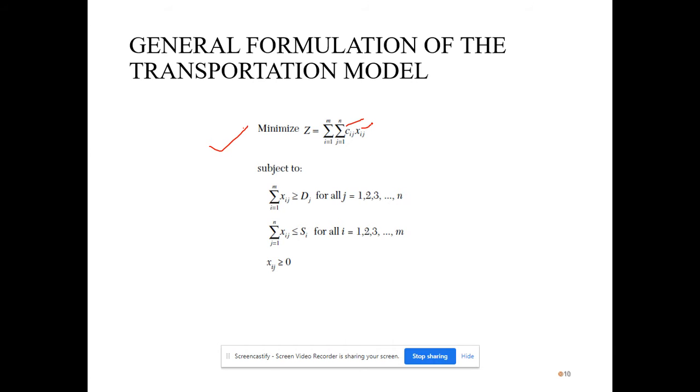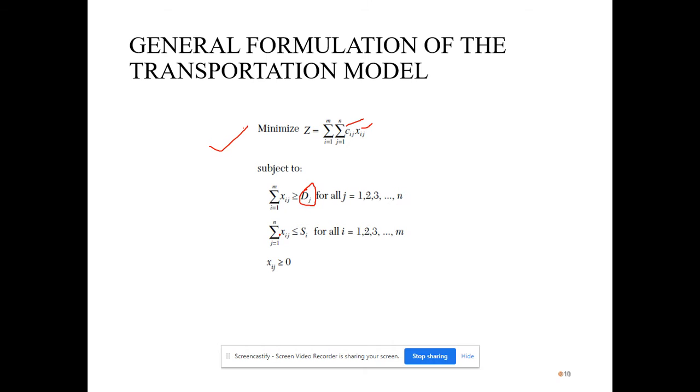Subject to, yes, we have the demand. Xij is the volume from an individual place. So the summation of xij from i to m should be more than or equal to the demand, for all j from 1 to n.